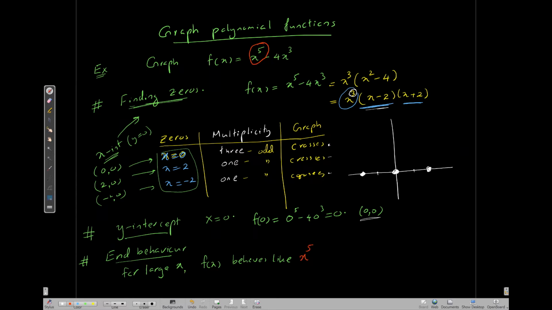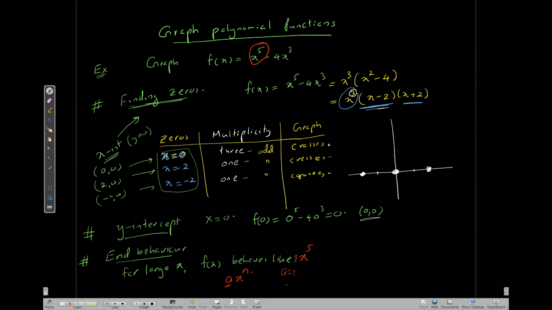This is a power function. Remember the general definition of a power function was a x to the n, and we had all those four cases. a can be positive or negative, and n can be odd or even. In this case a is 1, because of the number 1 in front, and 5 is odd, so we have the odd positive case.